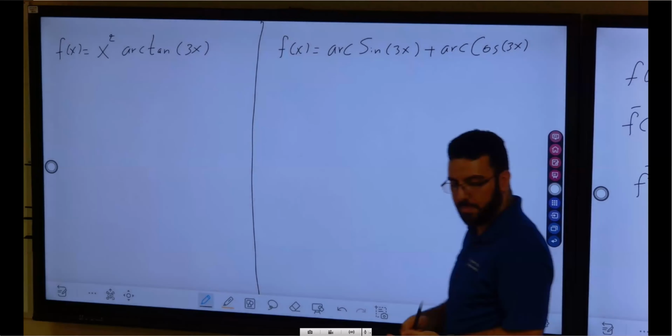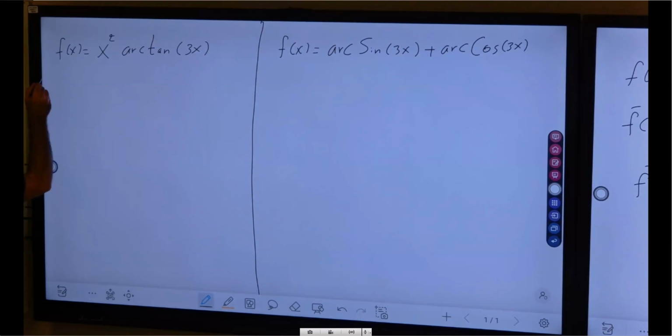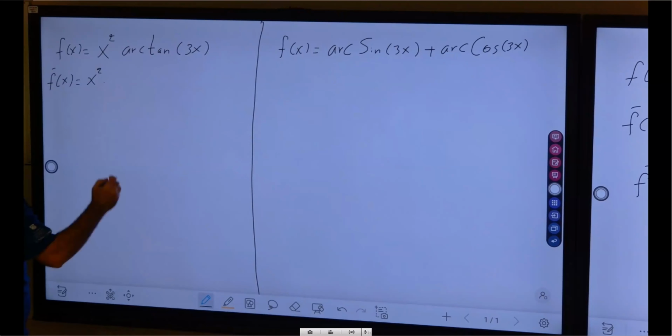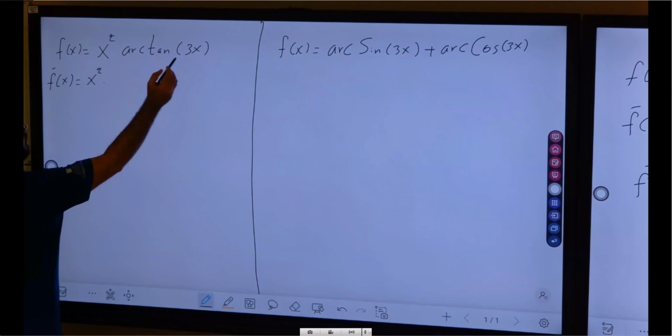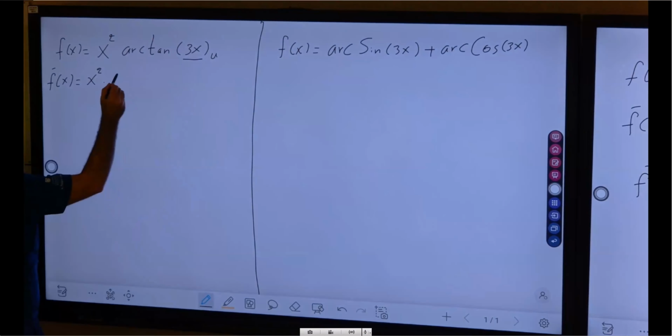Are we gonna do the same steps? Applying to the x is going to be squared, first one times the derivative of arc tangent. It's gonna be 3 over 1 plus 3x squared, because the u is 3x, so u prime is going to be 3.